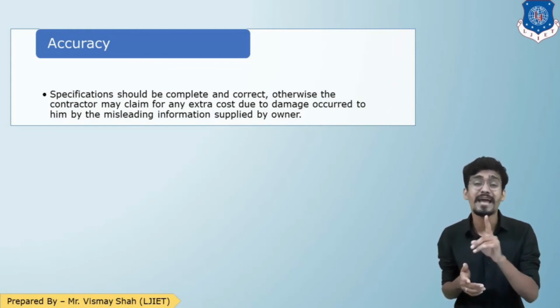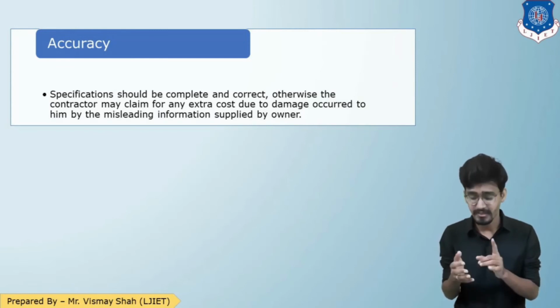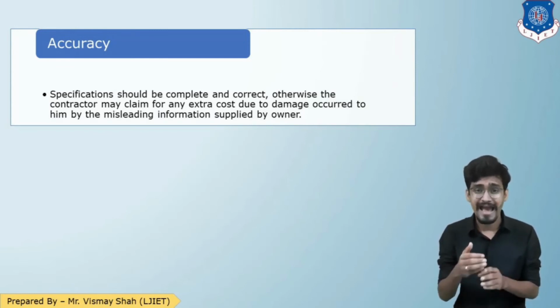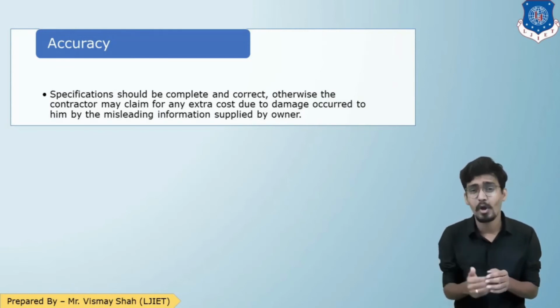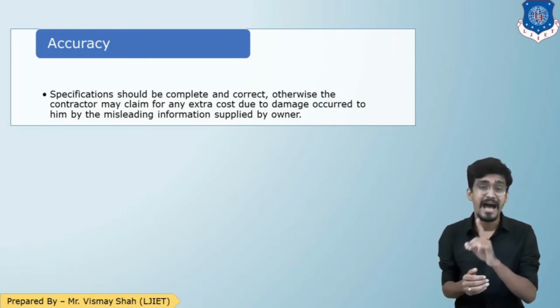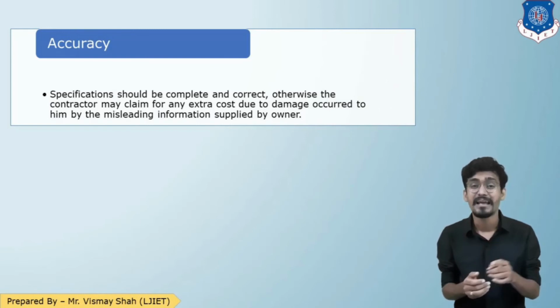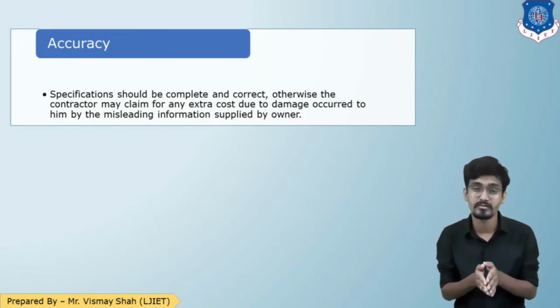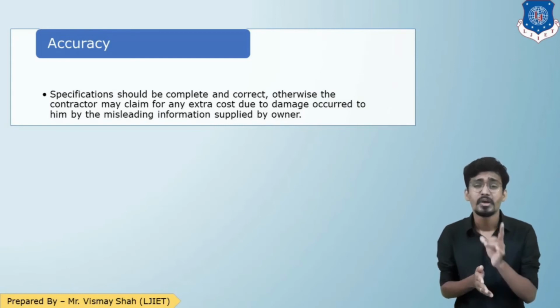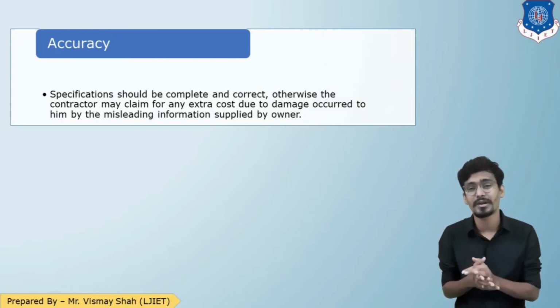He can throw the excavated material on the road, just outside the plot, or stack the material at the plot adjacent to your plot. In such cases, as a client, you cannot argue with the contractor.